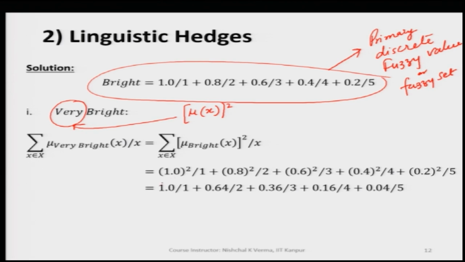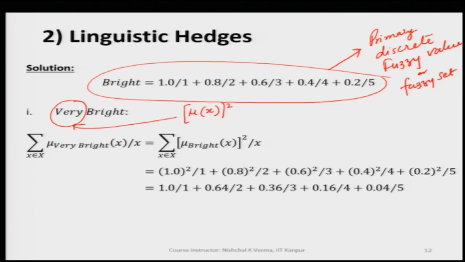Since we already have 1 by 1 plus 0.8 by 2 plus 0.6 by 3 plus 0.4 by 4 plus 0.2 by 5, here, because we are only adding the adjective very on the bright, which is already given, this very term has to simply increase the power of the membership value, that means we have to square the values of the membership.